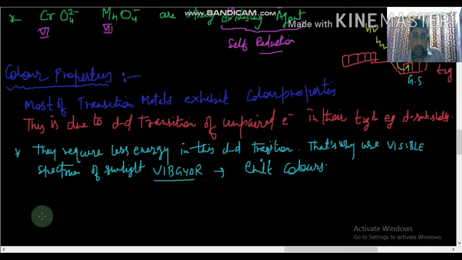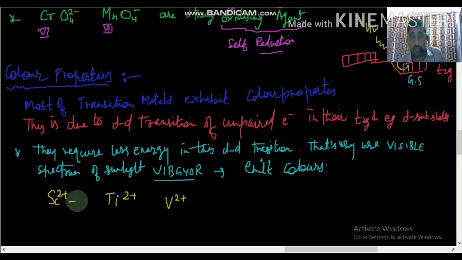For example, scandium 2 plus, titanium 2 plus and vanadium 2 plus show color. Why?